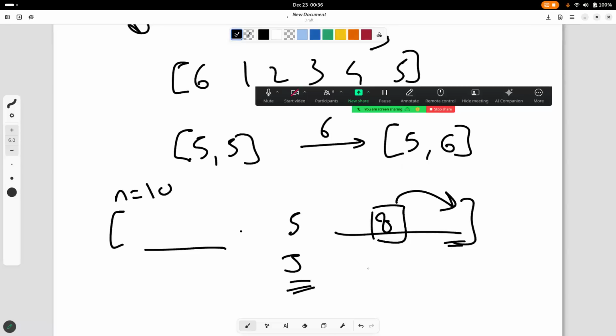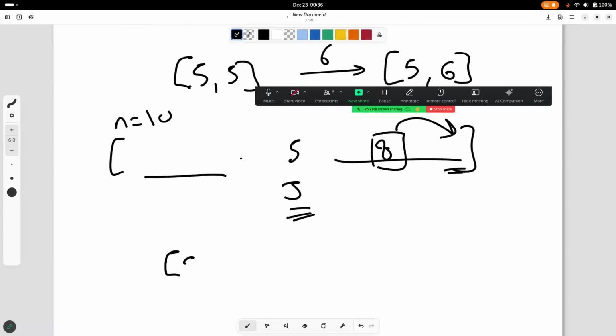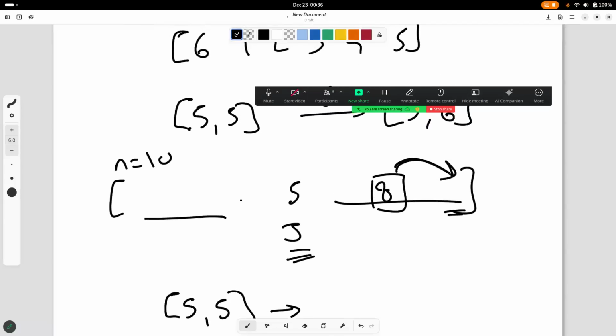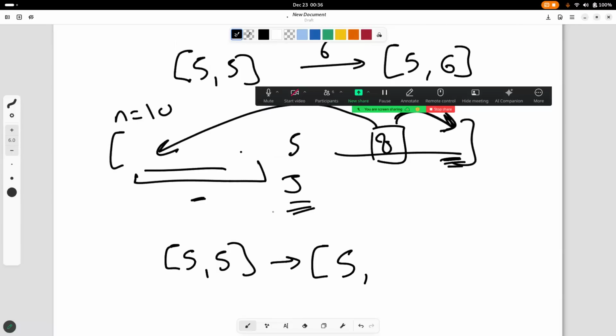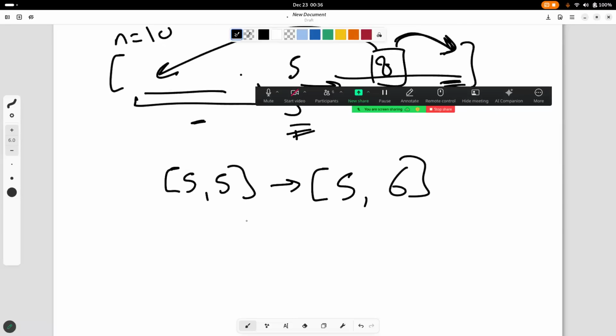This won't change the index of your joker, because it would remain where it is. Or you could put it at the start of the array. This will mean that this part will have one extra element, and in that case your index would be incremented by 1. So this is 5 and this would move to the right.